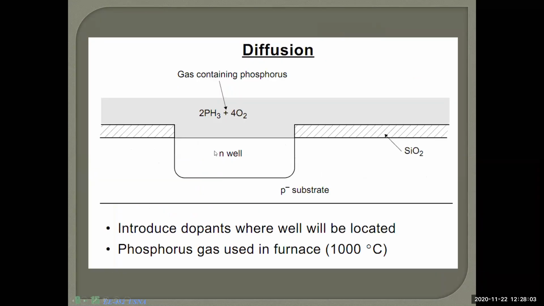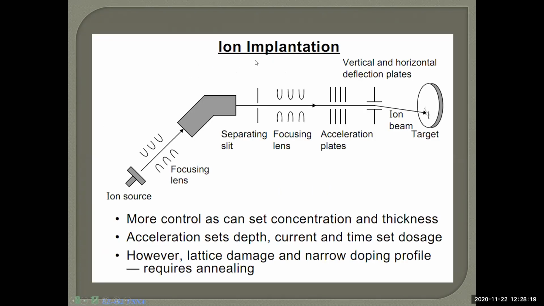Diffusion. Diffusion means, after etching, you need to give some material so that it will be absorbed. I told you, right? So the N well will be formed. This process is called diffusion. And ion implantation means you need to increase the number of ions.